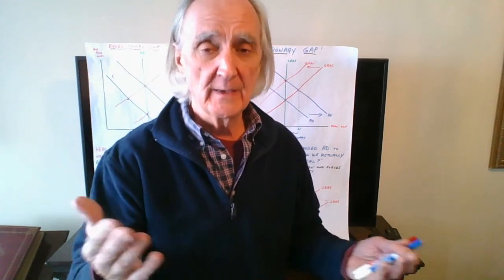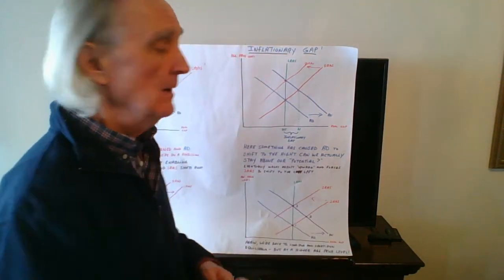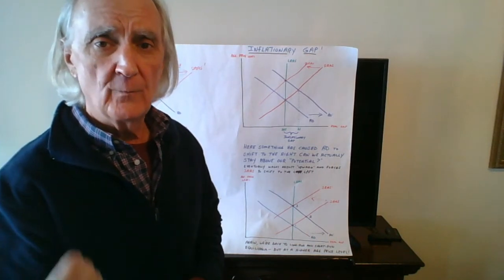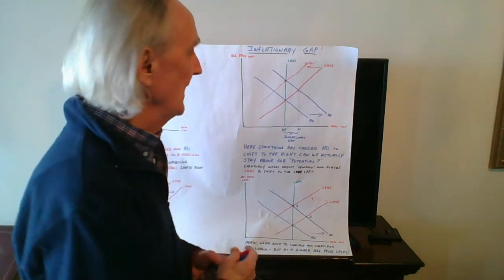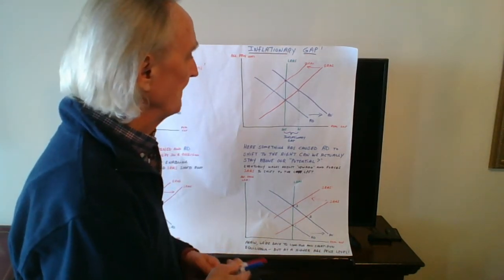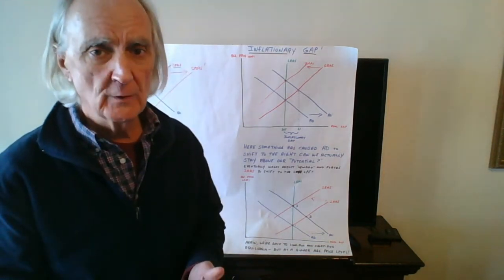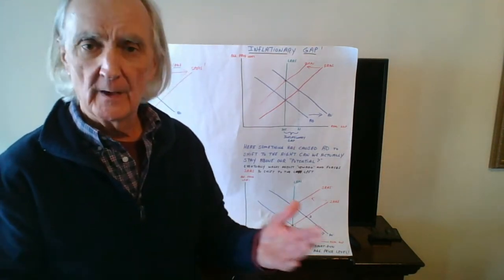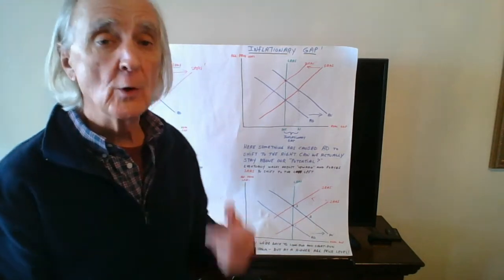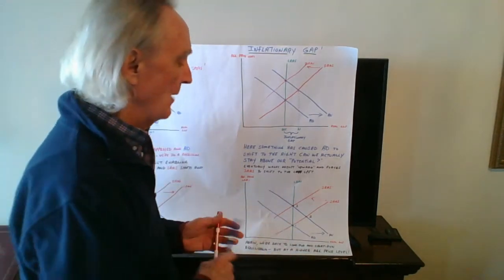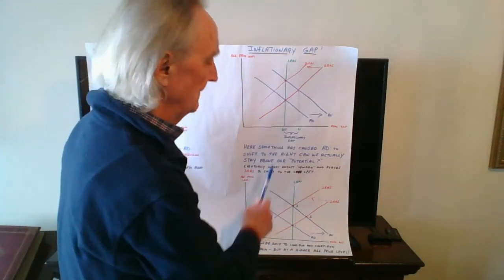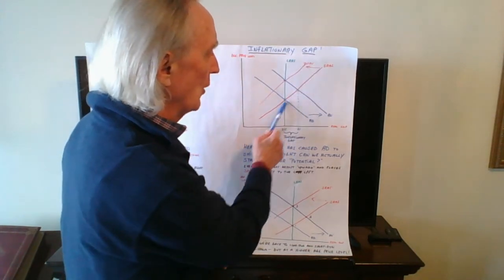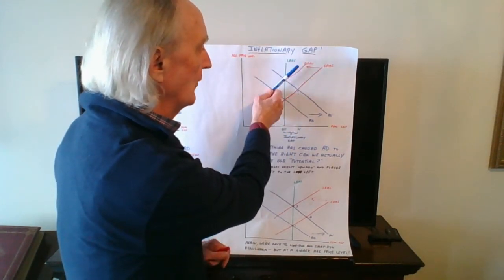Now, again, wages are the key input for businesses, and when your key input goes up in cost, you're not going to make more, you're going to make less. That will end up shifting the short-run aggregate supply curve over to the left.